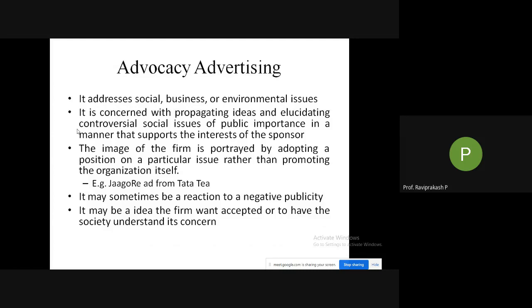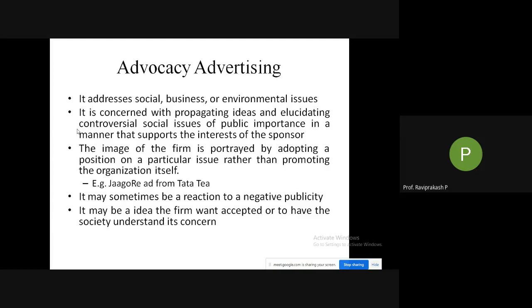The image of the firm is portrayed by adopting a position on a particular issue rather than promoting the organization itself. Their comments stand for or against that particular issue: our stand is this on this issue. They will not promote their product. They will not do anything else. By just taking a side, publicity happens to you, and a kind of advertisement is being done for that company.